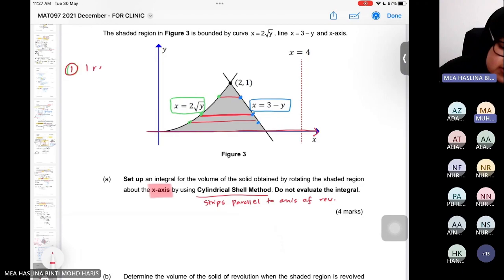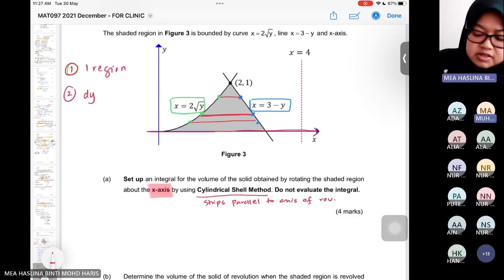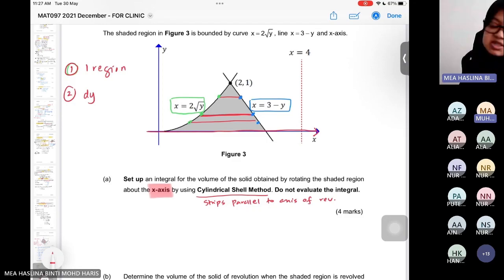Okay, number one, you have decided one region only. Number two, you determine x or y. So when you have horizontal strips, meaning the thickness is dy, the function is in terms of y. So you already have it in terms of y for both.